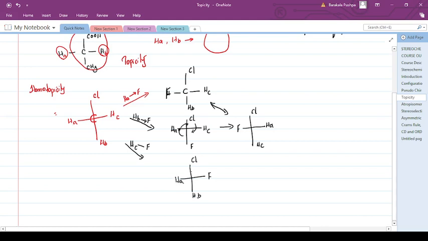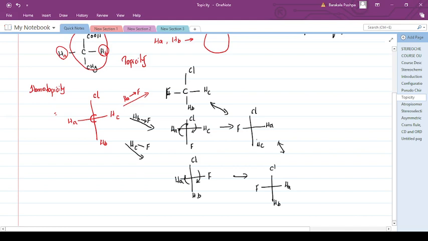Again you can see the position of the fluoride from the above molecule is different. But you can interconvert these groups. You can interconvert the groups twice. Then you will have HA, HB and fluoride. These three are identical.